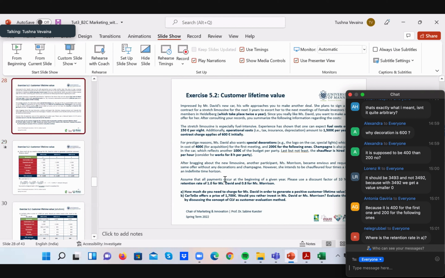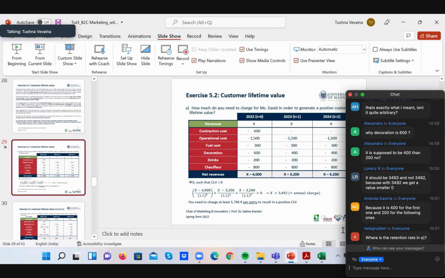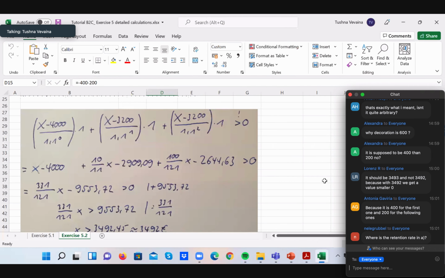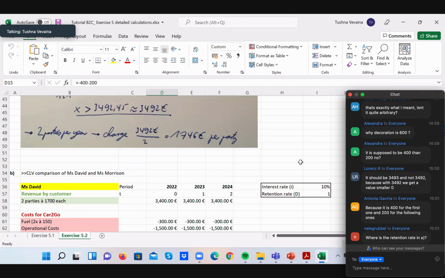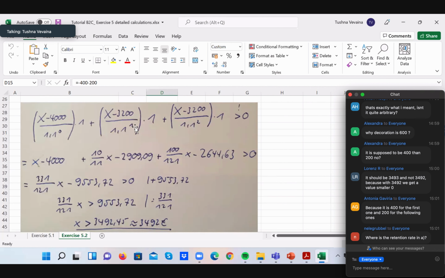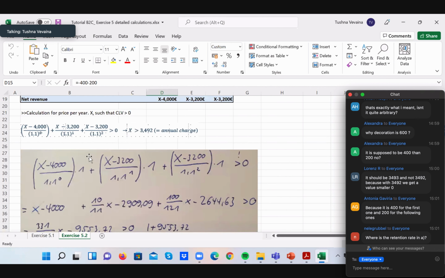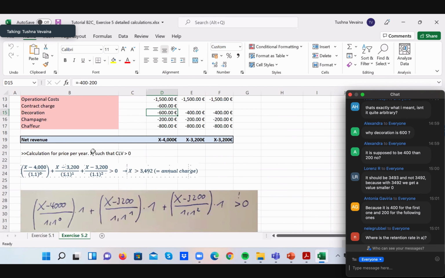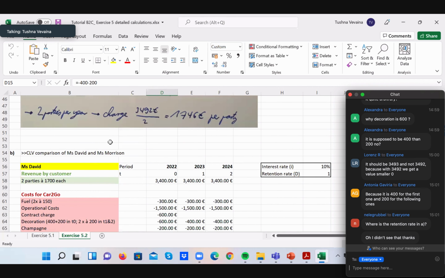You have a retention rate for Mrs. Davis as 1, so that won't affect your calculation. Mrs. Davis is always going to have a retention rate of 1. So yeah, that's how you get 1,746 per party. We multiplied it by 1. I did not show it over here, but you can write it multiplying your retention rate as 1, going to result in the same thing.